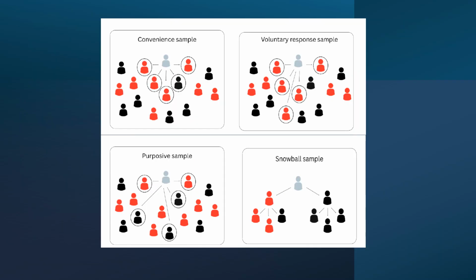In case of snowball sampling, we collect data from the people whom we have access to, followed by requesting those people to further collect data from the people whom they know. This is snowball sampling.